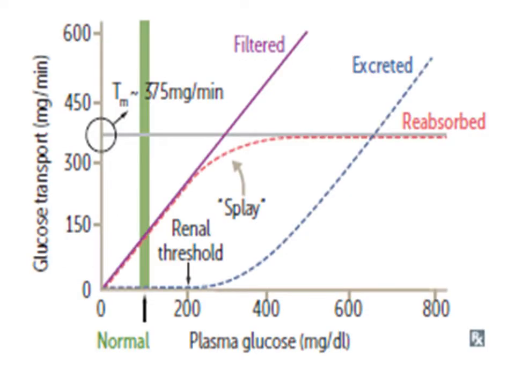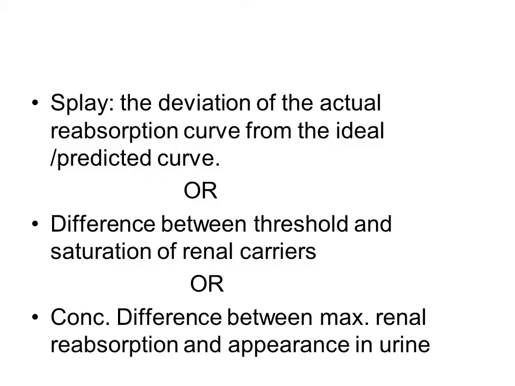This is another slide to help you understand the concept of transport maximum of glucose. If you can follow the pointer, splay is the deviation of the actual reabsorption curve from the ideal or the predicted curve, or it can be said that it is the difference between the threshold and the saturation of the renal carriers.